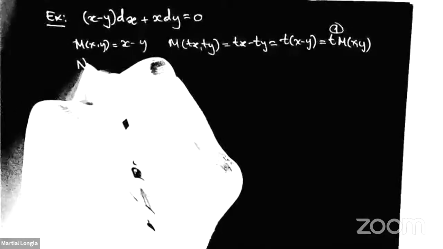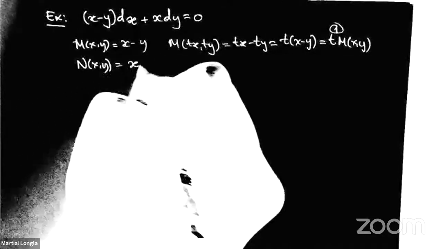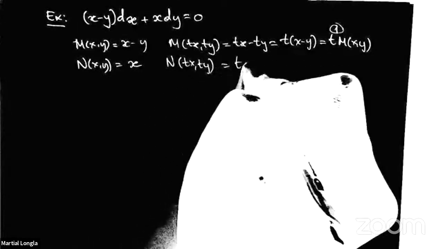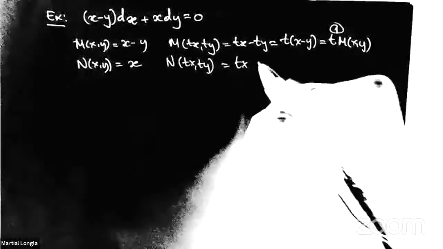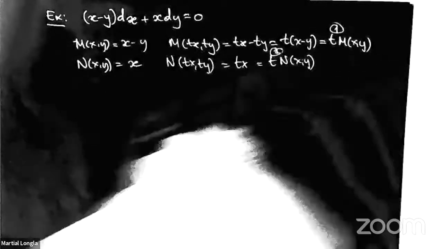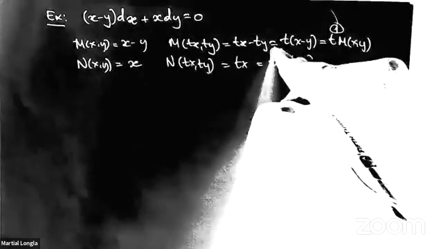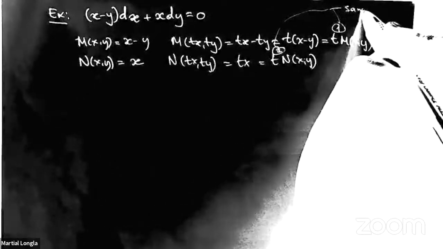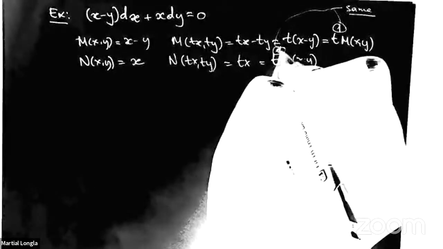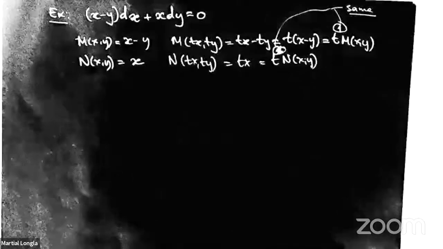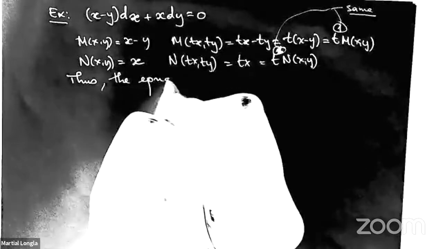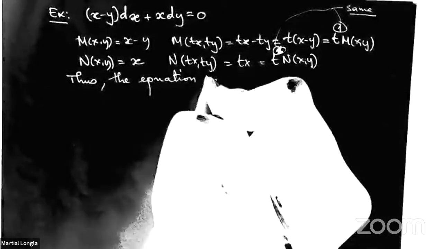And N of (x, y) is x, N of (tx, ty) is tx, and that is t times N of (x, y), again t to the power 1. These two numbers are the same. Therefore, the equation is homogeneous.